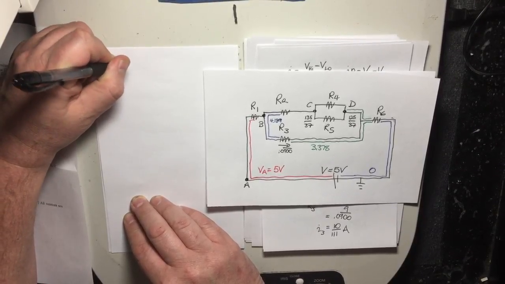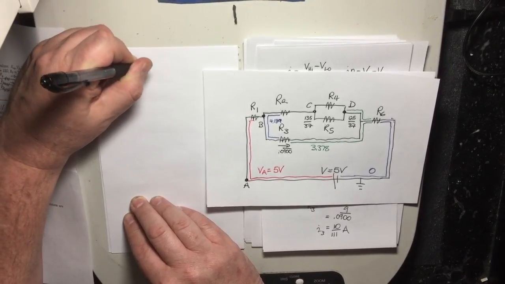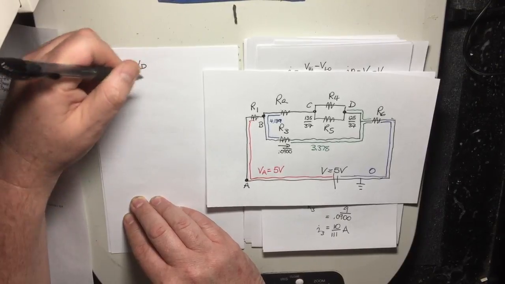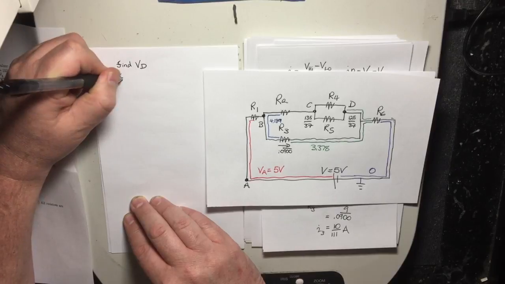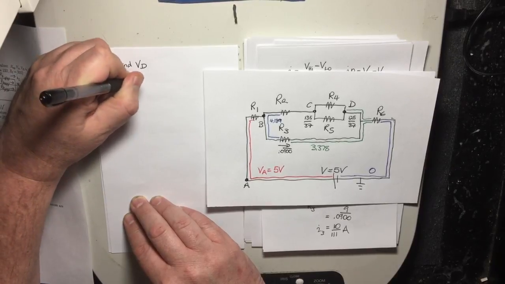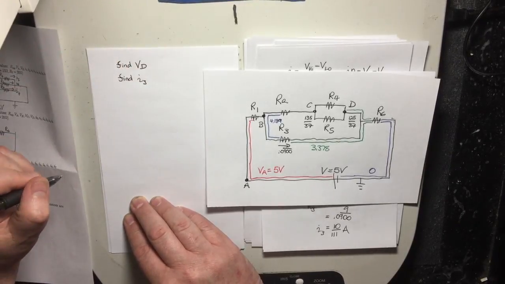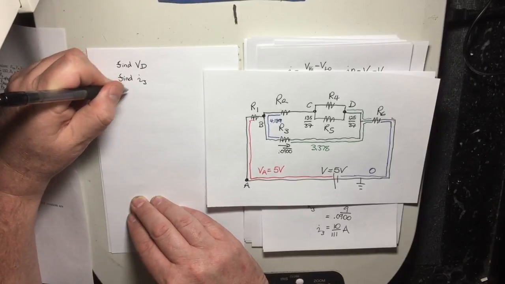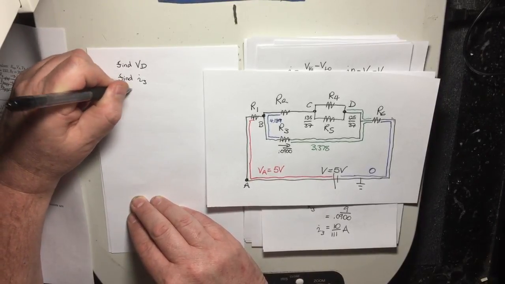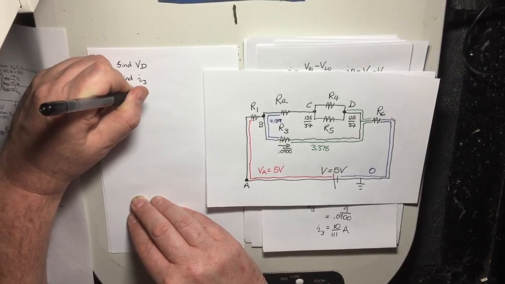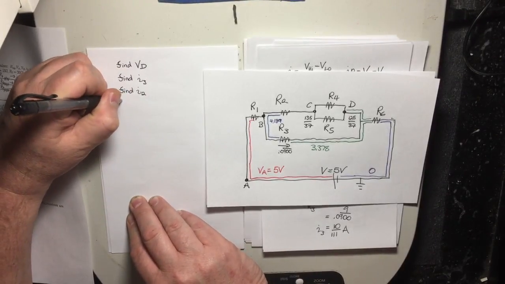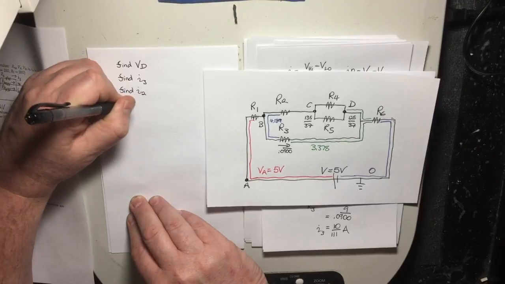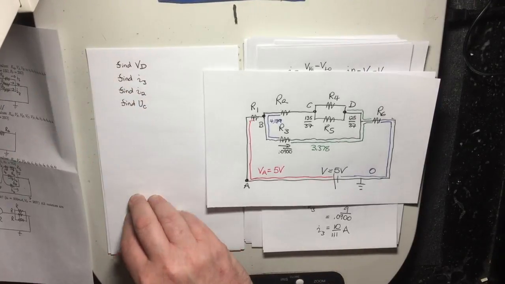So we found V sub D, and once V sub D was found, we find I3, and once we have I3, we find I2, and then once we find I2, we find VC.